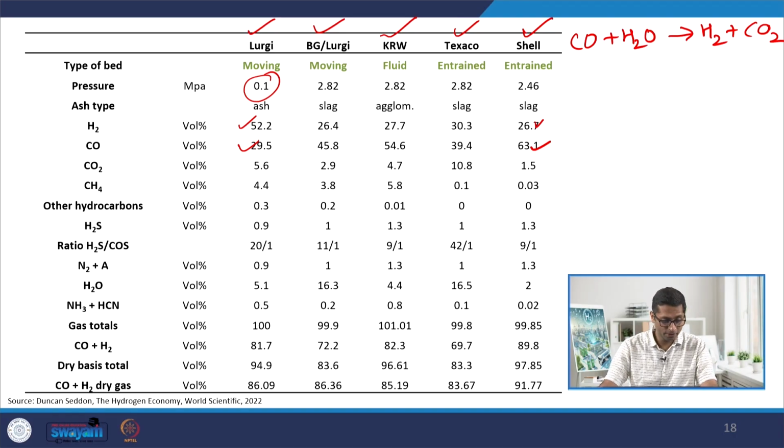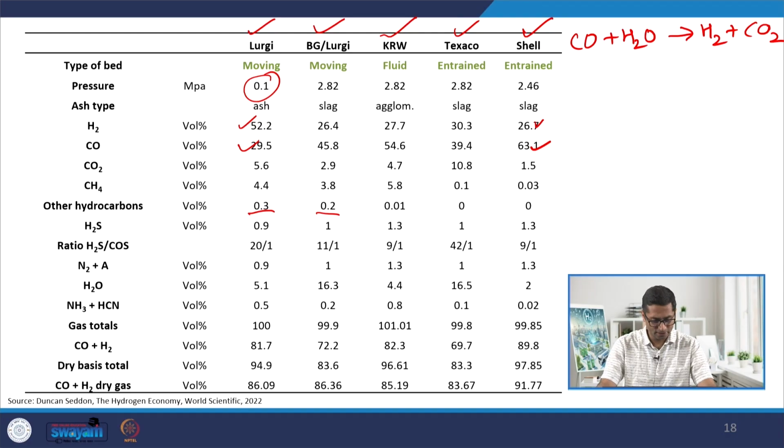What we need to be concerned about is the total amount of carbon monoxide and hydrogen produced in the output gas. Further, we are also going to have other hydrocarbons, which are going to be on a higher end in the case of the moving bed gasifiers because of the low temperature conditions. The sulfur in the coal would normally get converted into H2S gas, which could differ based on the reacting conditions.